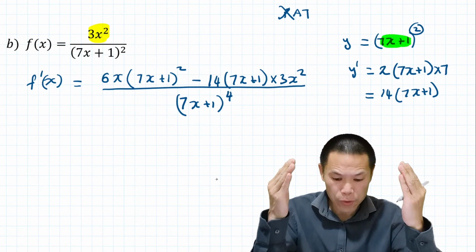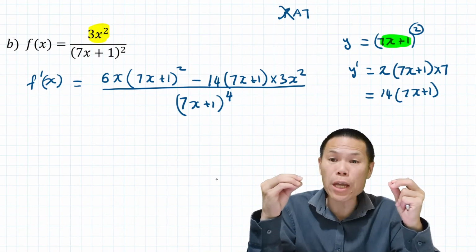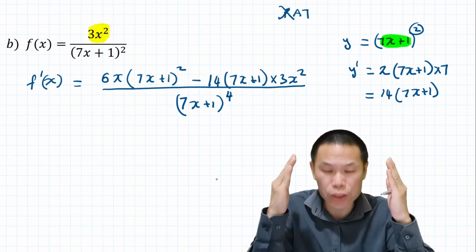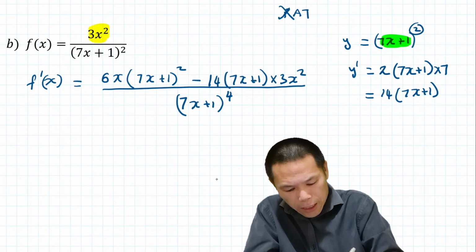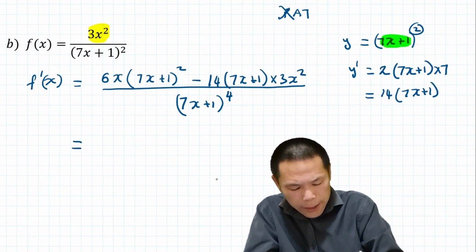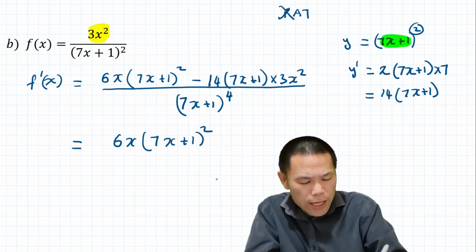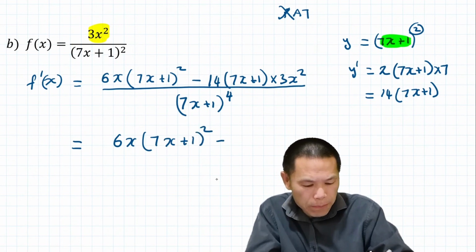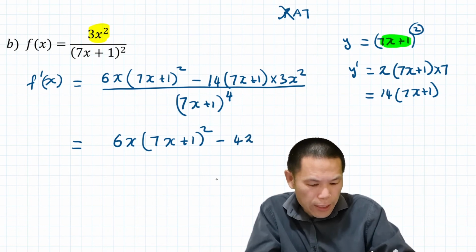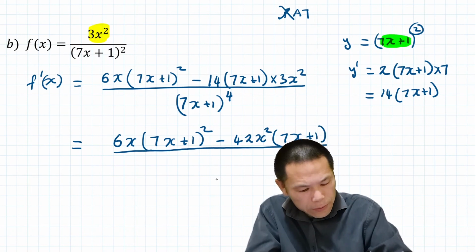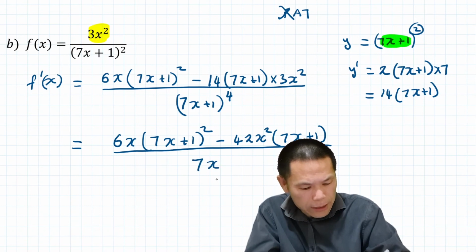So now what I do, instead of expand and simplify, I take out common factors. Okay, that's easier. But before I do that, I'm just going to tidy up a little bit. So that is equal to 6x(7x plus 1) squared, and 3 times 14 gives me 42, and x squared, of course, and brackets (7x plus 1). And then over (7x plus 1) power of 4.